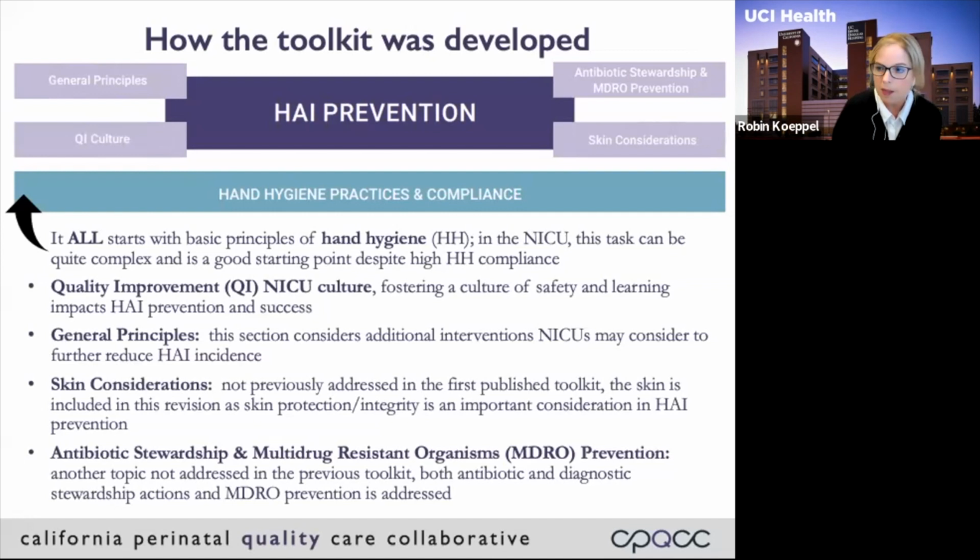Finally, antibiotic stewardship, diagnostic stewardship and MDRO prevention are key as well to reduce your overall HAI. This is how we visualized this toolkit, and there are tools and resources within each section. I'm excited today has finally come after almost 2 years of work.